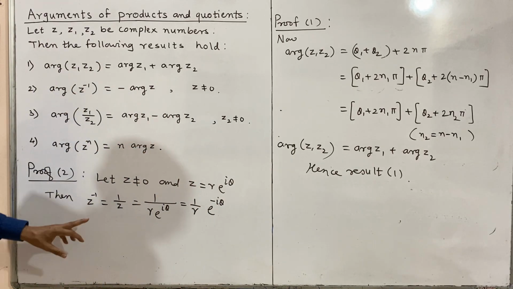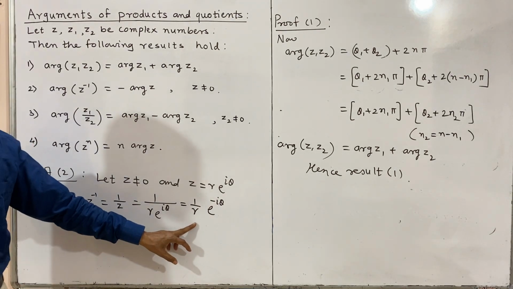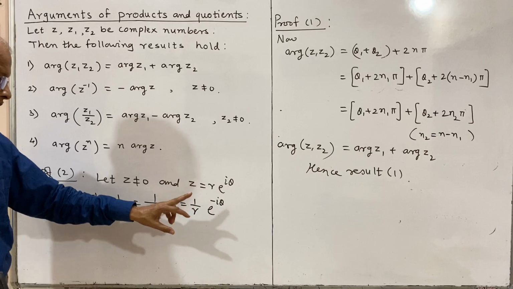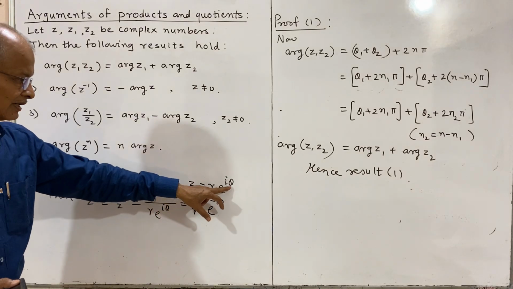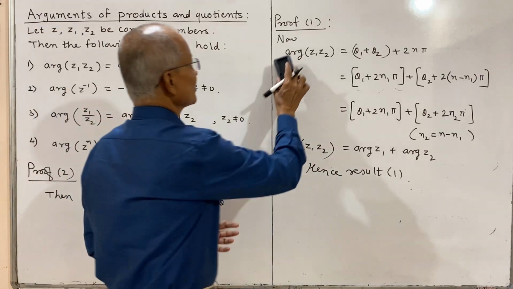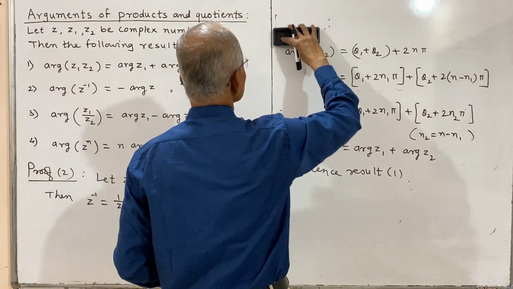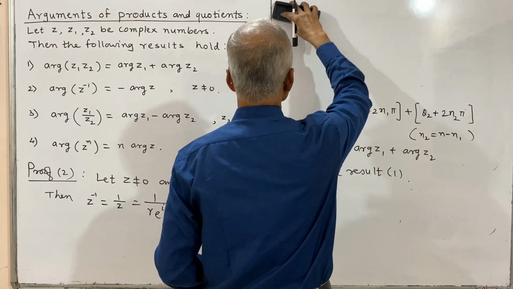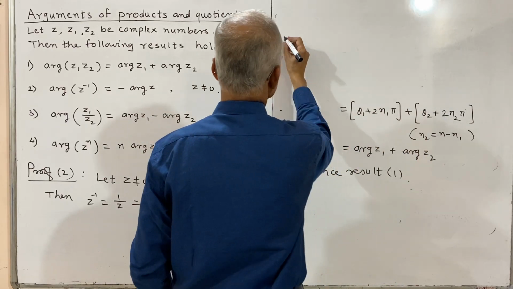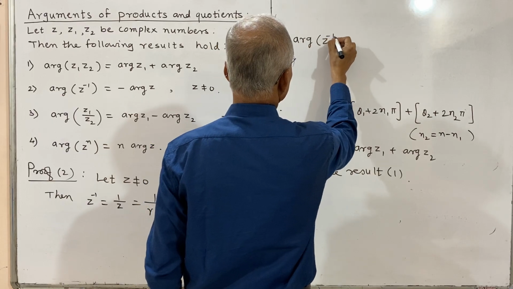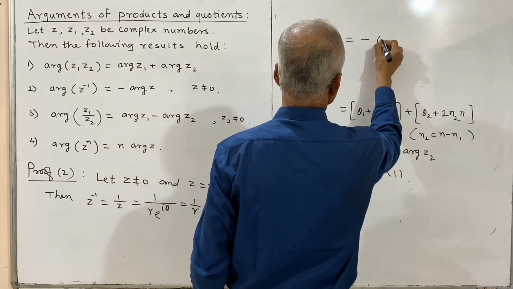So therefore, what will be the argument of 1 by z or z inverse? It is negative theta, because here the argument of z is theta and instead of theta here is minus theta. So therefore, the argument of z inverse, or multiplicative inverse of z, is equal to minus theta.